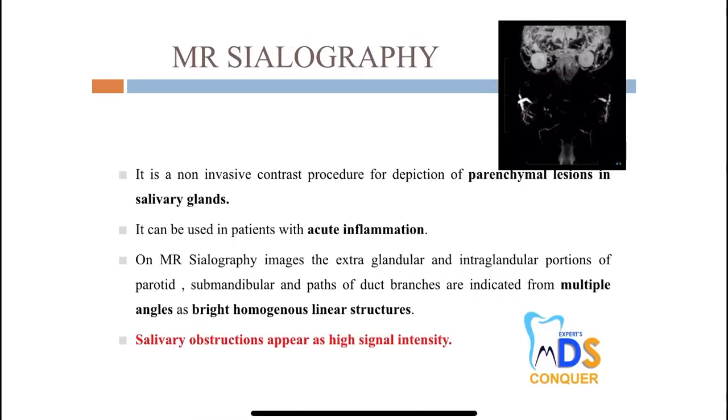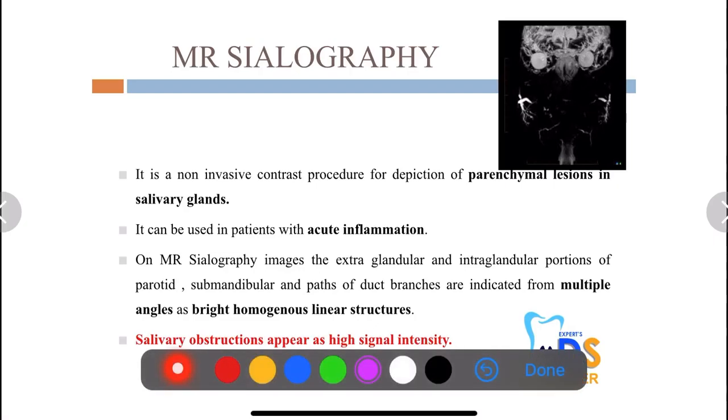Next, coming to the MR sialography. So it's again a non-invasive contrast procedure for depiction of parenchymal lesions in the salivary glands. It can be used in patients with acute inflammation.